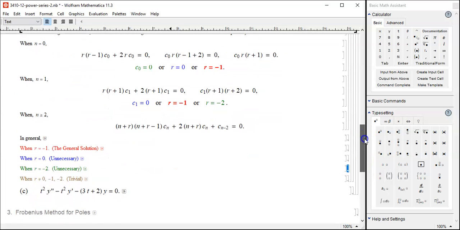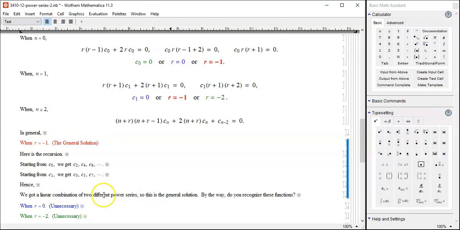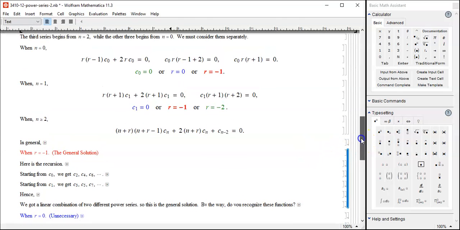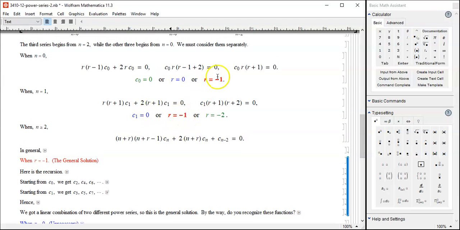But as I said, those are unnecessary because they are already covered by this r equals -1 case, which are common here and there. And that is generally the case. For some really rotten luck, if this common r value does not give you all the solutions, then you may have to consider these exceptional cases. But those are rare.